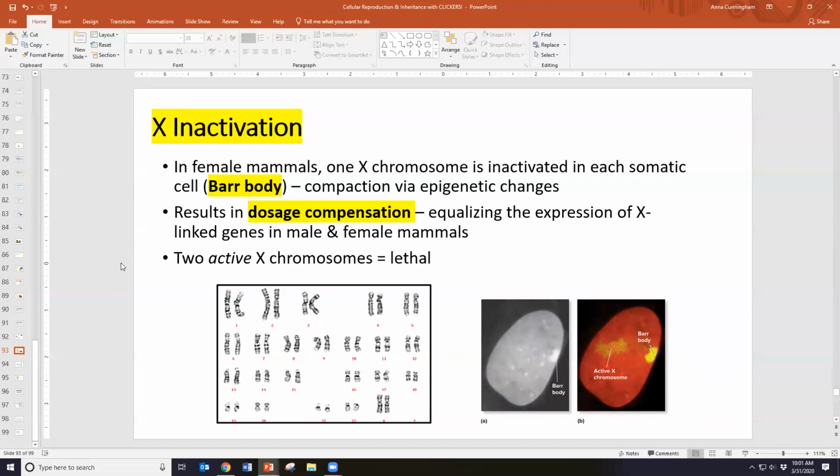So a female would have 23 pairs of homologous chromosomes because the 23rd pair, the sex chromosomes, is XX. But males only have 22 pairs of homologous chromosomes because the 23rd pair of sex chromosomes is X and Y, so they're heterologous.